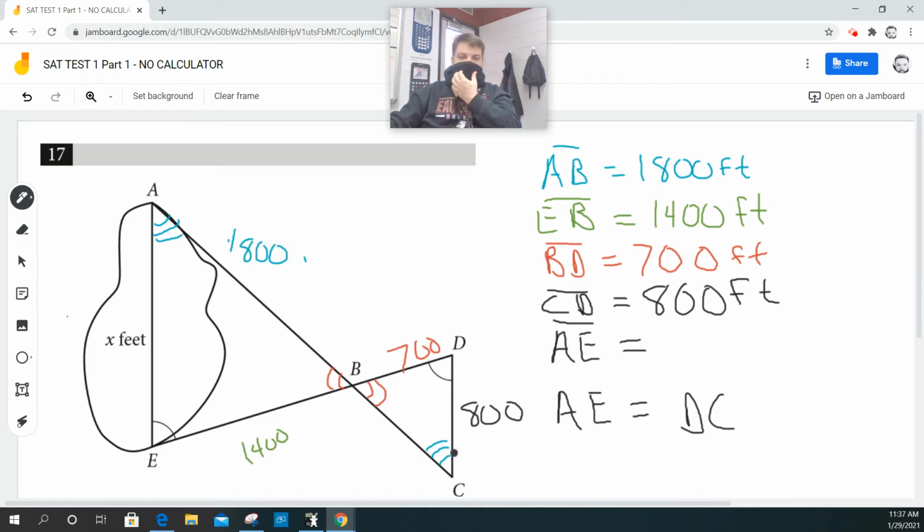One arc, three arcs. Now I just got to figure out if I use 1,400, will that help? I got to figure out what corresponds to DB, or BD. Well, BD has one arc and two arcs. So that corresponds to EB, doesn't it?